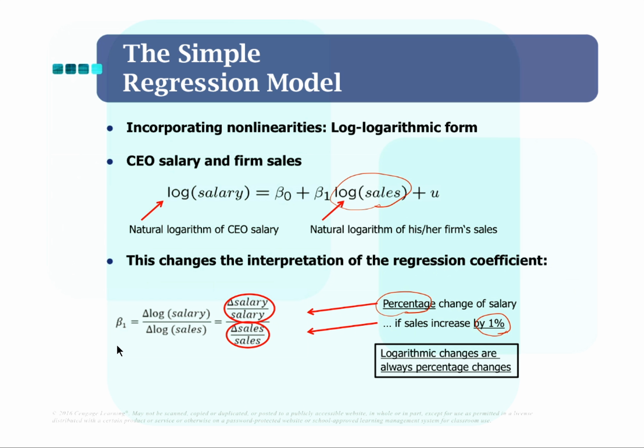The demand elasticity, which is the percentage change of quantity demanded if the price increases by 1% or decreases by 1%. Right? So the supply elasticity, which means if the price increases by 1%, the percentage change of the quantity supplied. Right? So this is also called elasticity. Okay?